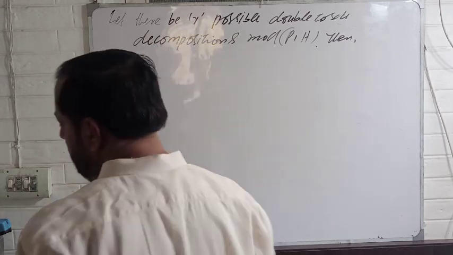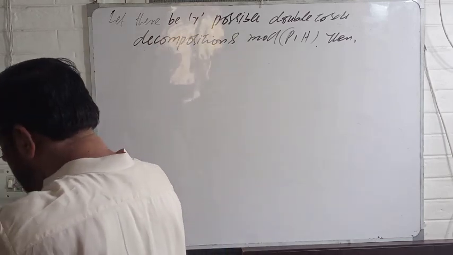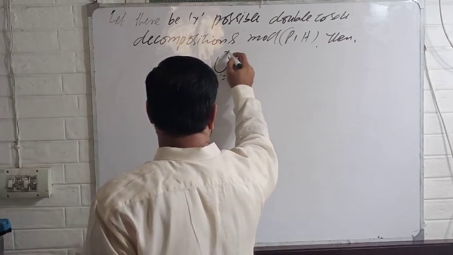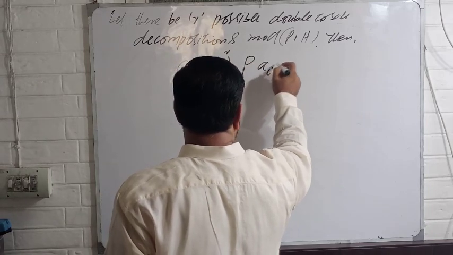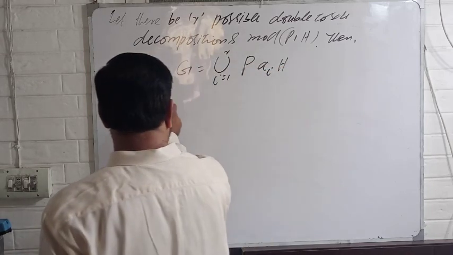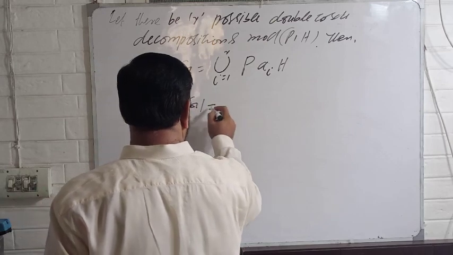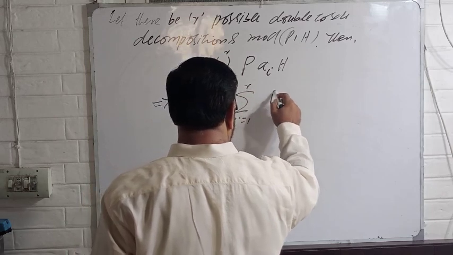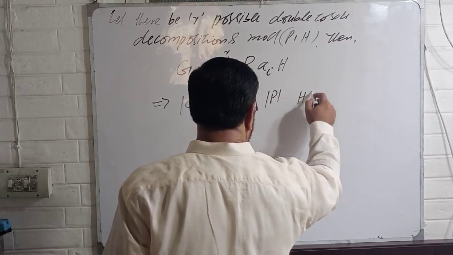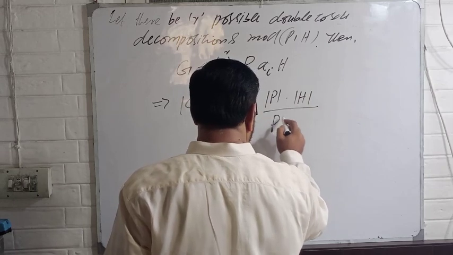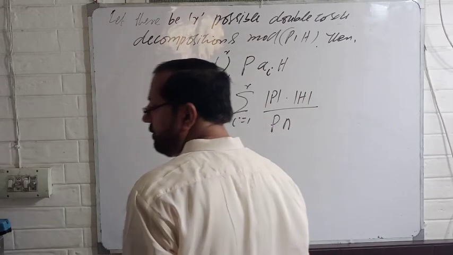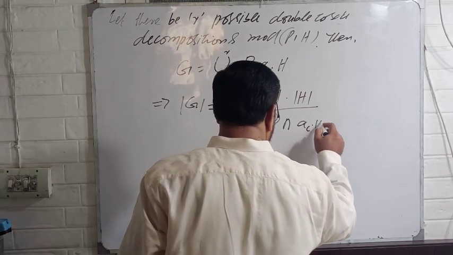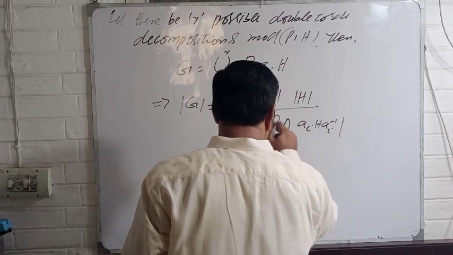So you know very well, we are getting G is equal to the union, i varies from 1 to r, of P a_i H, right? So this implies order of G is equal to the summation, i varies from 1 to r, of order of P into order of H over order of P intersection a_i H a_i inverse.